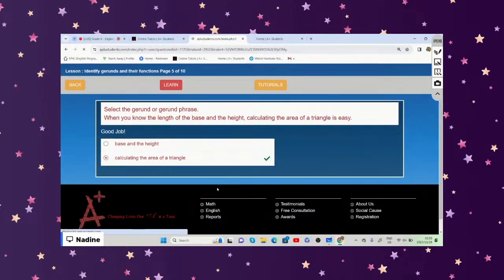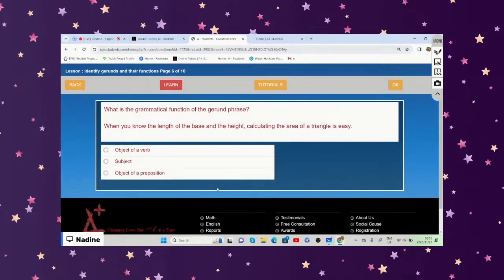All right, so now calculating the area of a triangle is easy. We need to say what is the grammatical function of the gerund phrase. Is it the object of the verb, the subject, or object of a preposition?